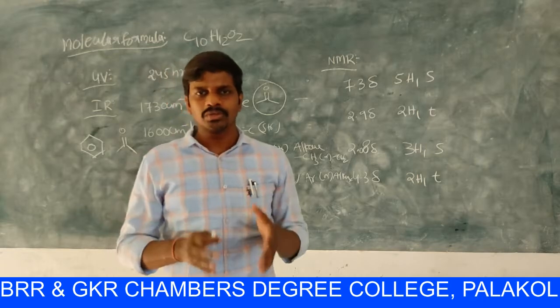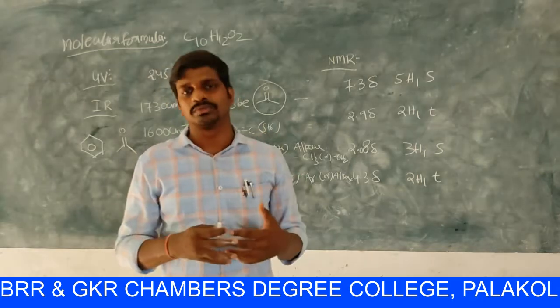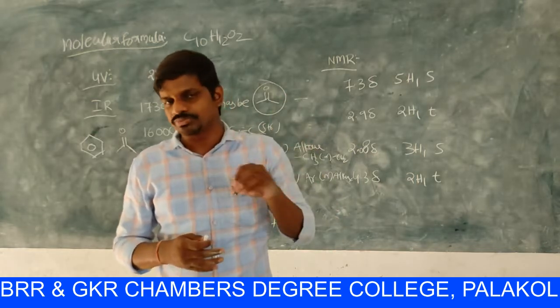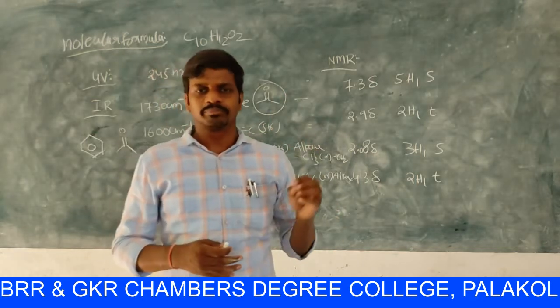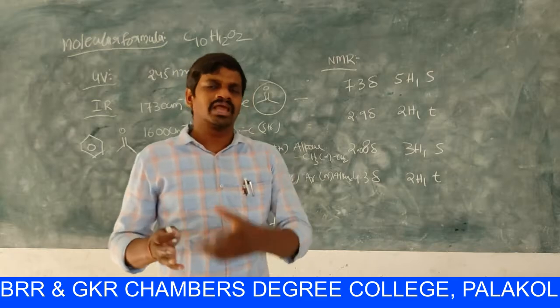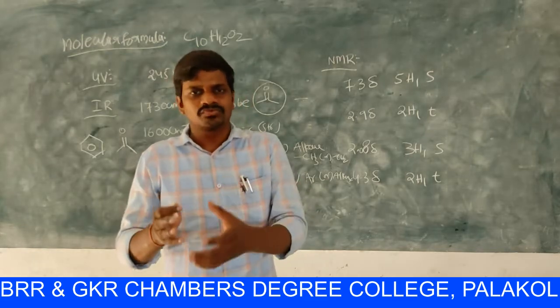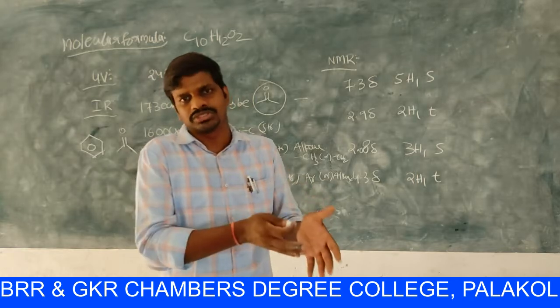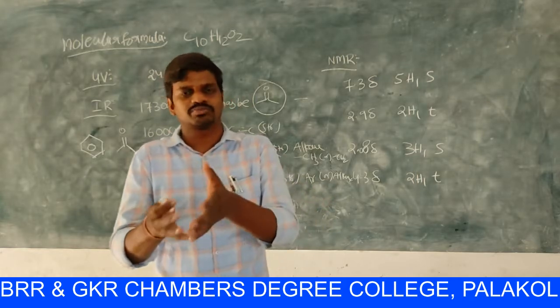The chemical shift of that benzene hydrogen depends completely on the substituent present on the benzene ring. If the benzene ring has an electron releasing group, then the chemical shift moves towards the lower side. That means it may appear at 6.5 delta, 6.7 delta, 6.9 delta.